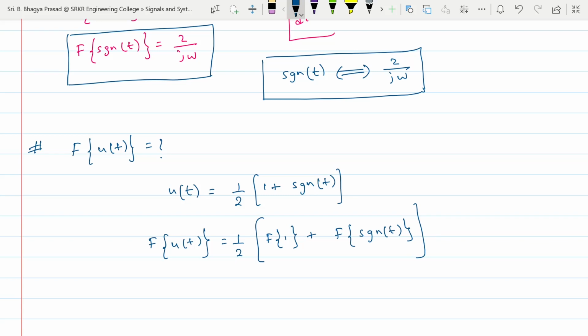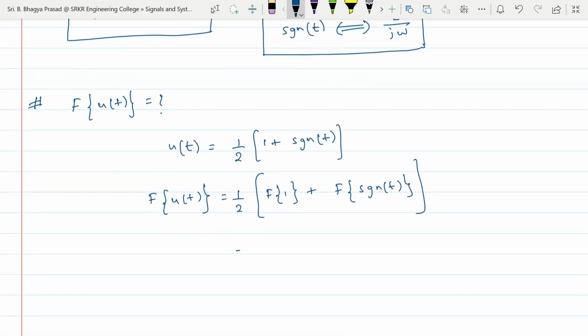What is the Fourier transform of 1? It is 2 pi delta omega. Plus the Fourier transform of sgn of t, which is 2 by j omega. So the 2 will cancel out and you will get pi delta omega plus 1 by j omega.